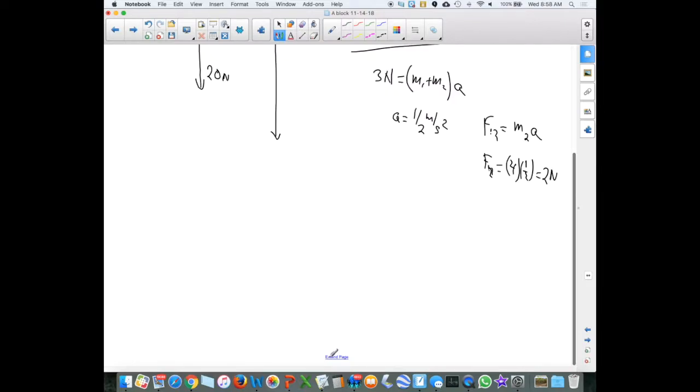So the first box has the force, but also has the other box pushing.